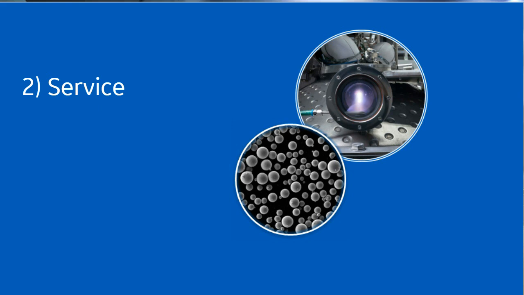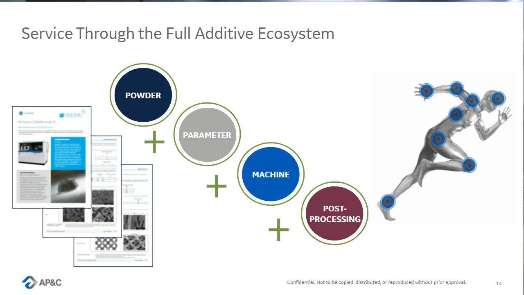The realm of what you can do in additive is vast, but the possibilities in terms of type of machines, type of material, type of PSD are also very vast. And you need to select the right one to have the best business case. And that's why having an organization that can service you through the full ecosystem of additive is really critical.